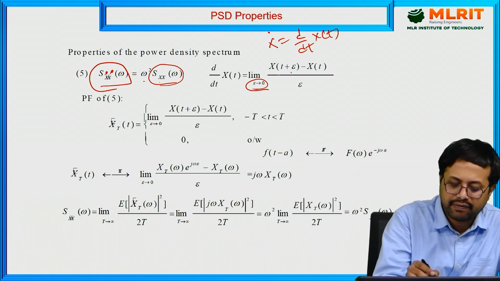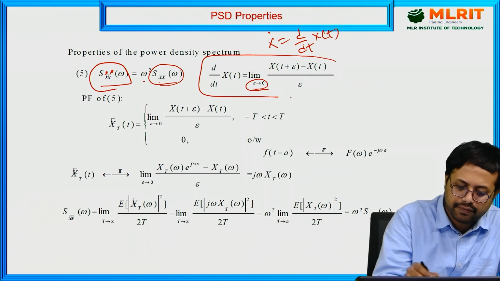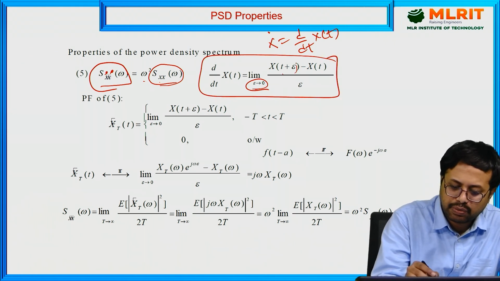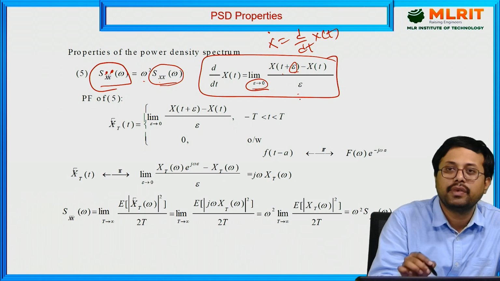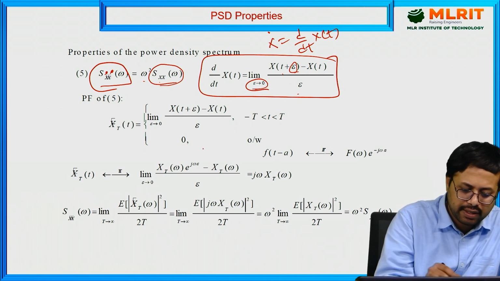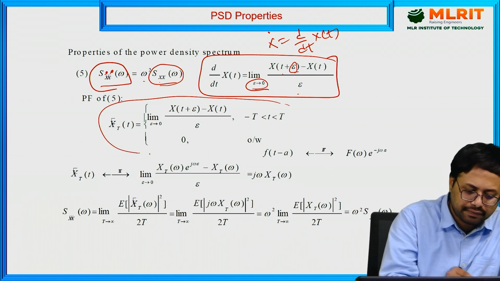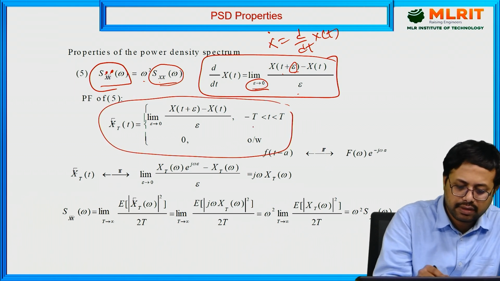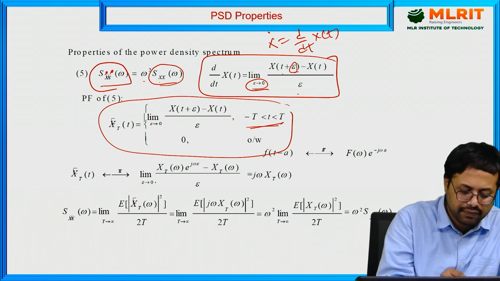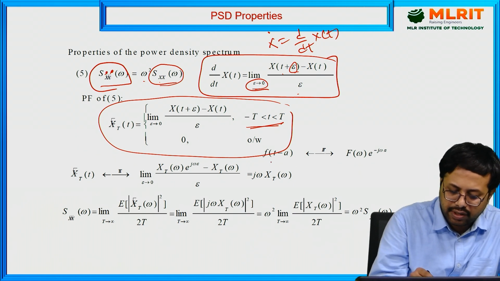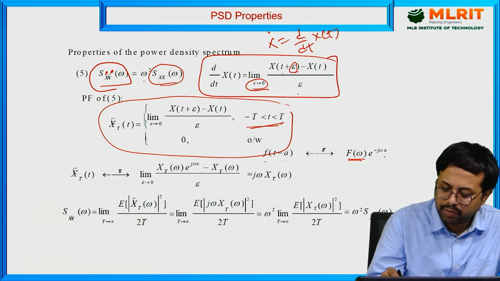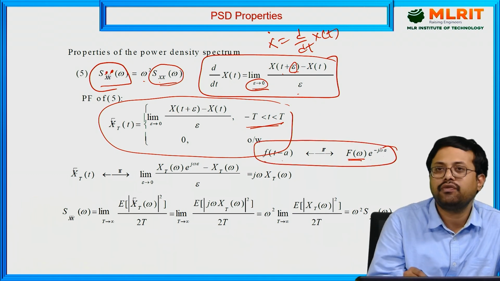This is the definition of the differentiation term: x of t plus small change minus x of t, divided by the small change. Apply that to the Fourier transform, for the interval defined from minus T to T. If you have f of t minus a, it is F of omega e power minus j omega a, which is one of the properties of the Fourier transform.